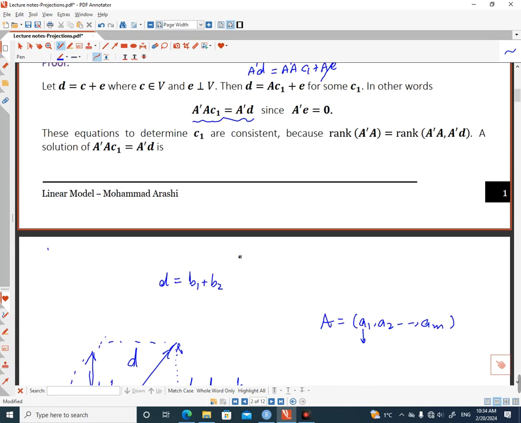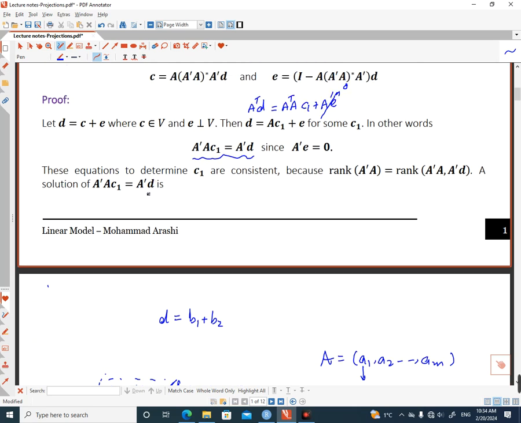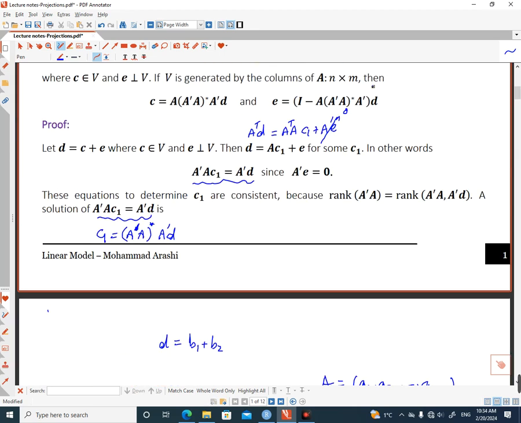The only thing we need here is to use the generalized inverse to get C1, and because it is a consistent equation, I can write it as the generalized inverse of A prime A times A prime D. This way we can find C, because C is given by A C1.